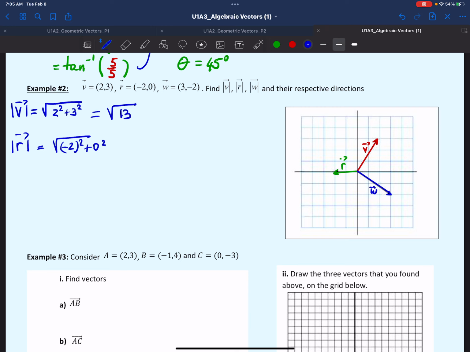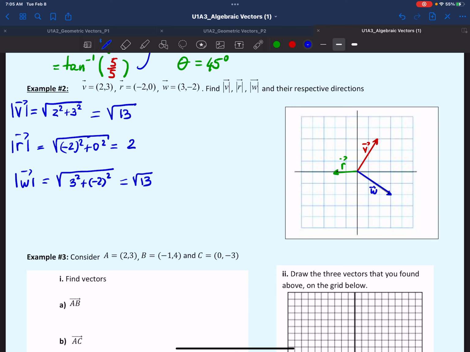And obviously we can find the magnitude of R just by looking at the diagram here, because it makes an angle of 180 degrees with the positive x-axis. And vector W will have the magnitude square root of 3 squared plus negative 2 squared, which is 9 plus 4, root of 13 again. Now we have to find the angles made.